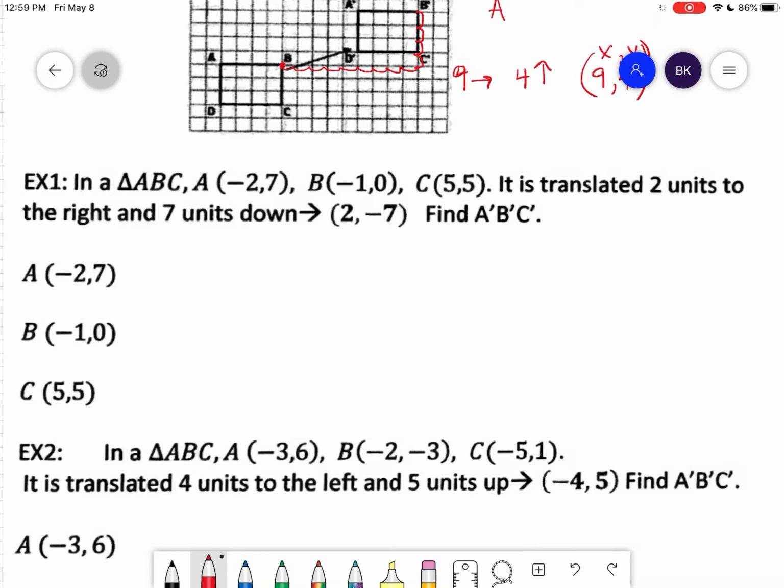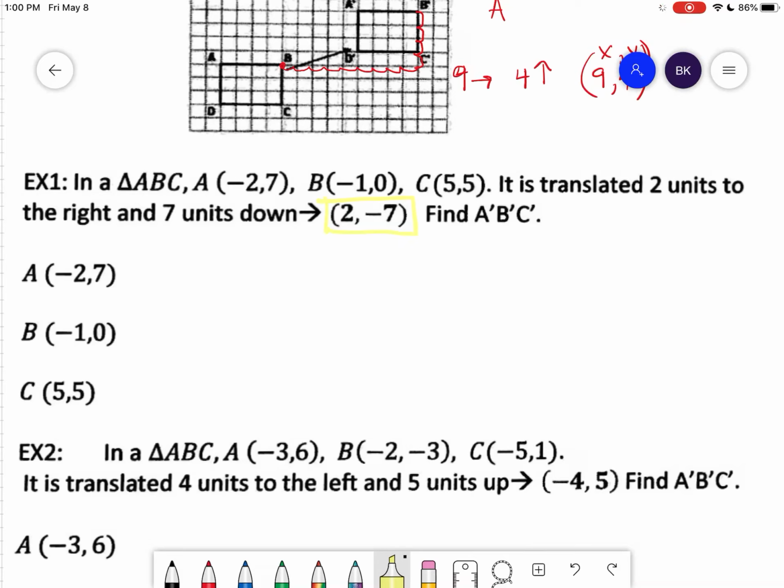So the translation is represented by this ordered pair: positive 2, negative 7. 2 units to the right and 7 units down. Now I'm asking you to find the coordinates of the translated triangle, A prime, B prime, C prime.